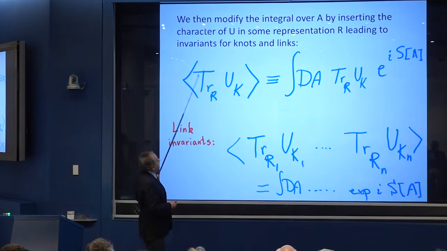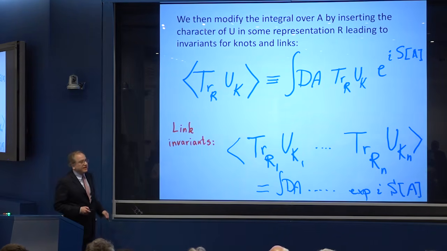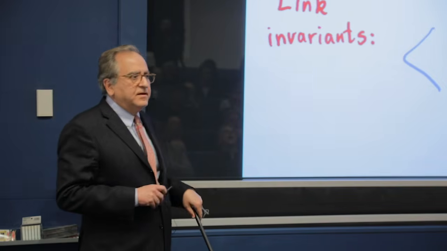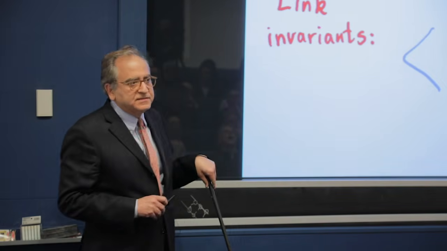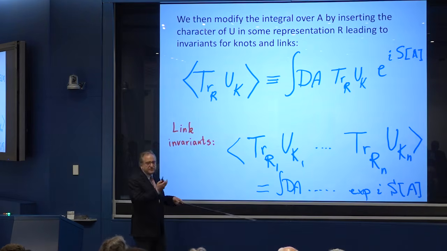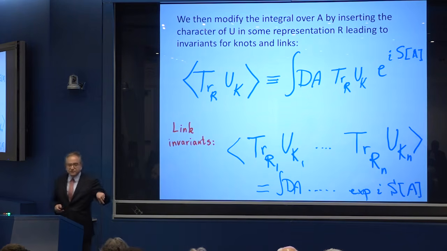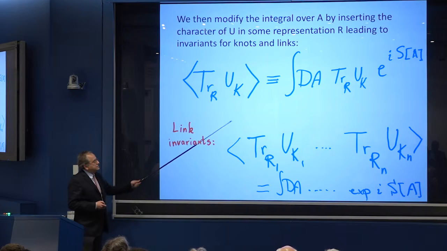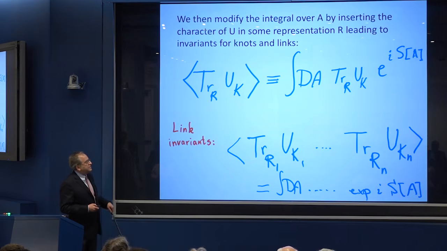This object will give you some invariant for that knot, which does not depend on the metric. There's a little detail that I'm hiding, but it's roughly this simple picture. And you can do that also for links. So you can take a bunch of knots, and they might be interlinked and so on. And so this captures some aspects of the links or knots, which is very nice. It simply follows from the idea that there is this topological action with these nice properties.